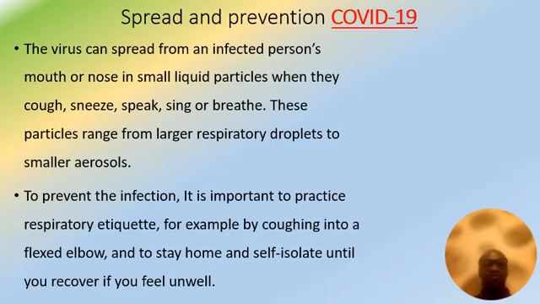However, to prevent the infection, it is important to practice respiratory etiquette. For example, when you are coughing, you have to cough into your elbow. Don't cough with your hand covering your nose, because you can pass this virus to your hands and shake people.